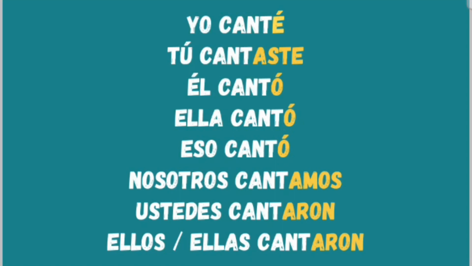Él cantó. Now with the personal pronoun she, if you want to say she sang, then you have to say ella cantó. Ella cantó. With the personal pronoun it, if you want to say it sang, then you have to say eso cantó. Eso cantó.